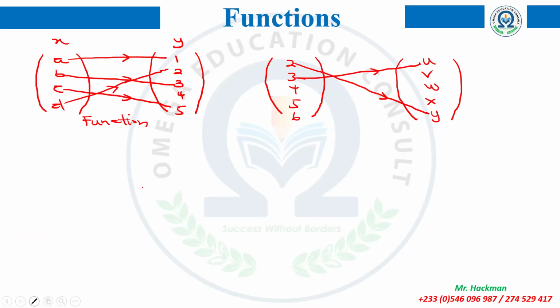Okay, so 3 maps onto W. 4 maps onto Y. Then 5 maps onto X. Then 6 maps onto Y.